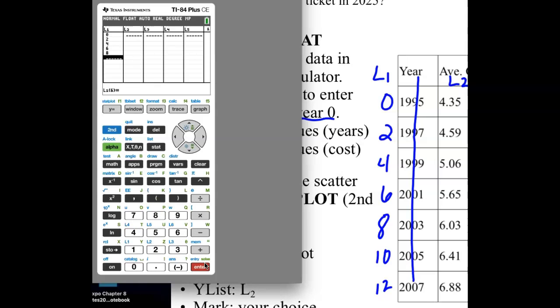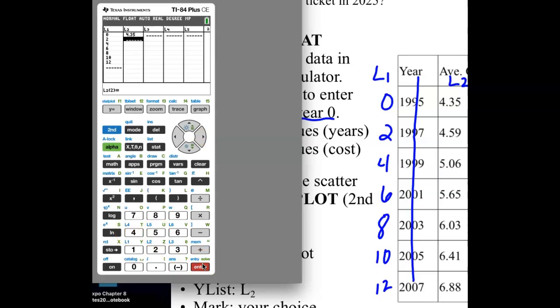All right. So I've put in 0 through 12 going by 2s in my list 1. Arrow over to list 2. Now we need to actually put in the ticket price. All right, so 4.35 is our first one.